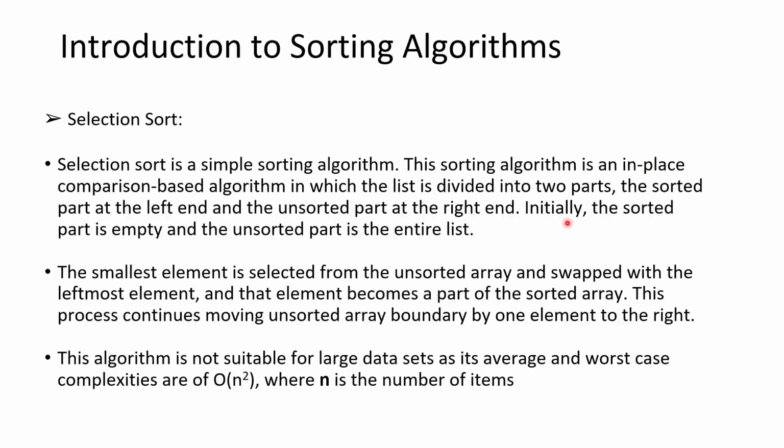It iterates through all of the members of the list several times. It's not really suitable for large data sets, because its average and worst case complexities are big O of n squared, where n is the number of items in the list. So the amount of processing this would have to do would be quite long.